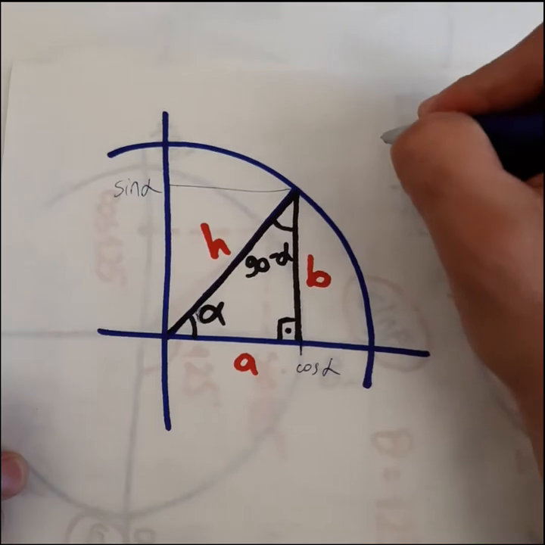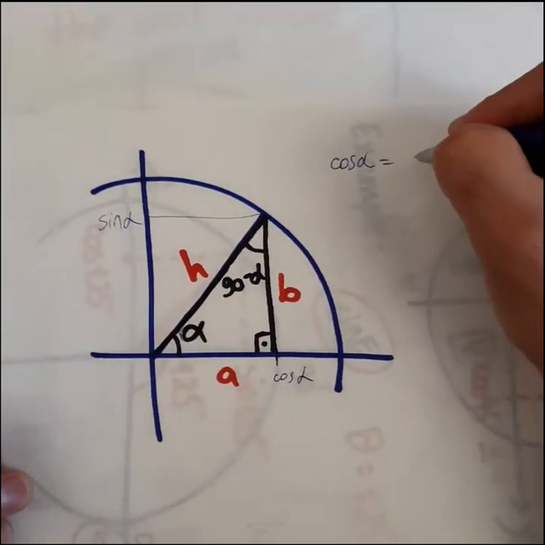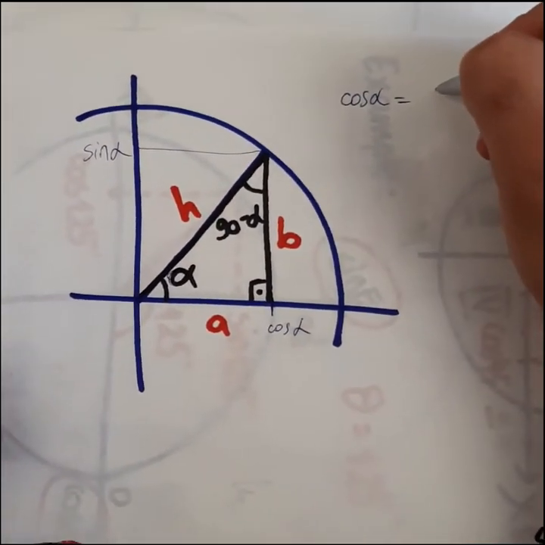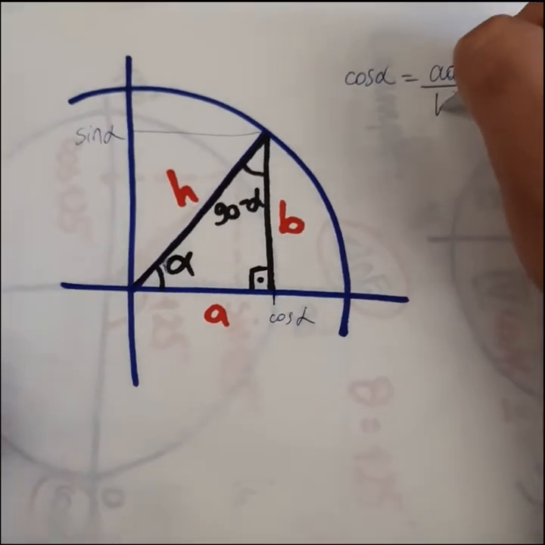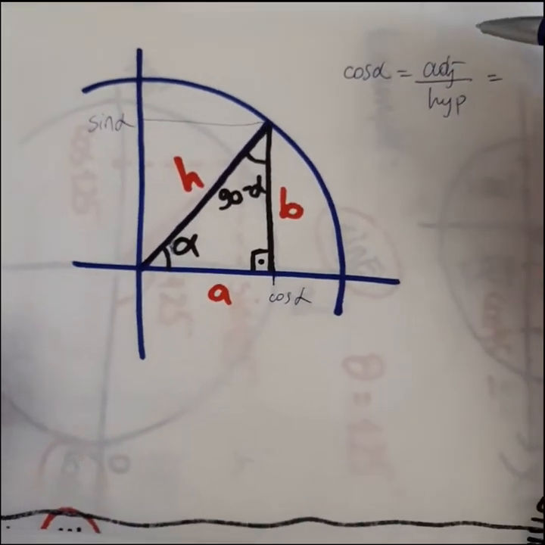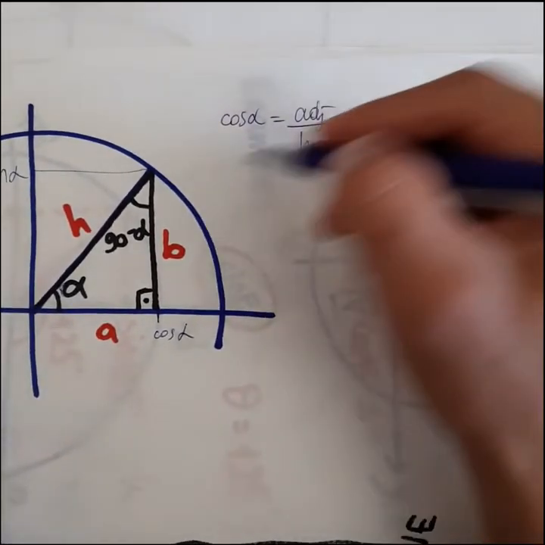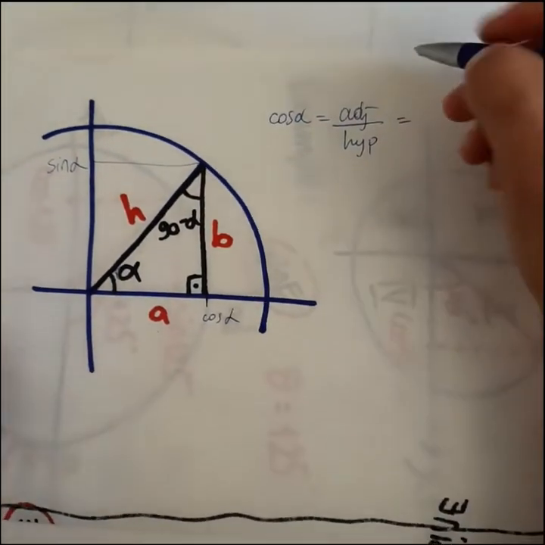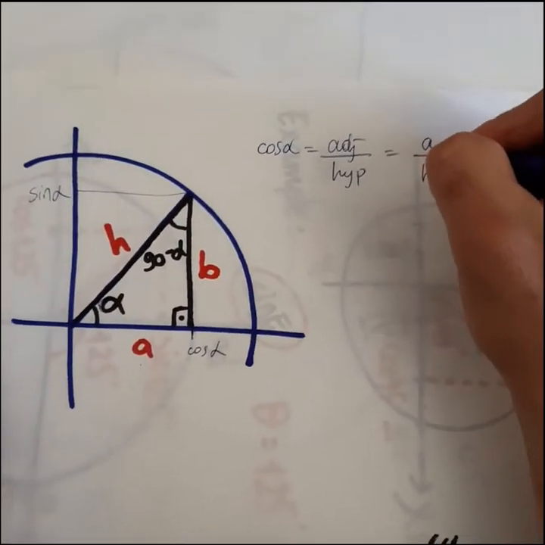For example, cosine alpha in the right triangle is the adjacent over hypotenuse. The adjacent of alpha is A, divided by the hypotenuse, h.